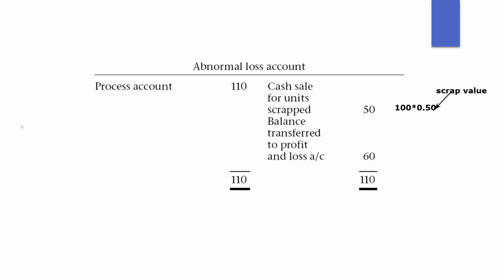Now, the difference between the accounts is identified as the loss of the abnormal. So this is transferred to the income statement. This 60 is transferred to the income statement or the profit and loss account. This is a cost. Therefore, we are going to treat it as expenses in the other expenses category.